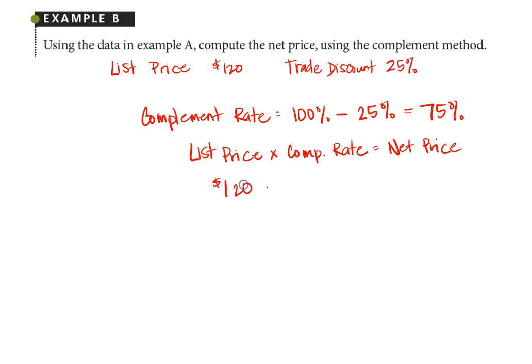So $120 times 75% gives me still $90 as the net price. This is just a different way of calculating it. So just be very careful if it asks different questions, like what the complement rate is or what the discount amount is. Be sure that you're able to calculate that.